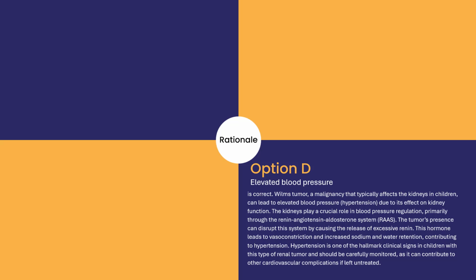This hormone leads to vasoconstriction and increased sodium and water retention, contributing to hypertension. Hypertension is one of the hallmark clinical signs in children with this type of renal tumor and should be carefully monitored as it can contribute to other cardiovascular complications if left untreated.